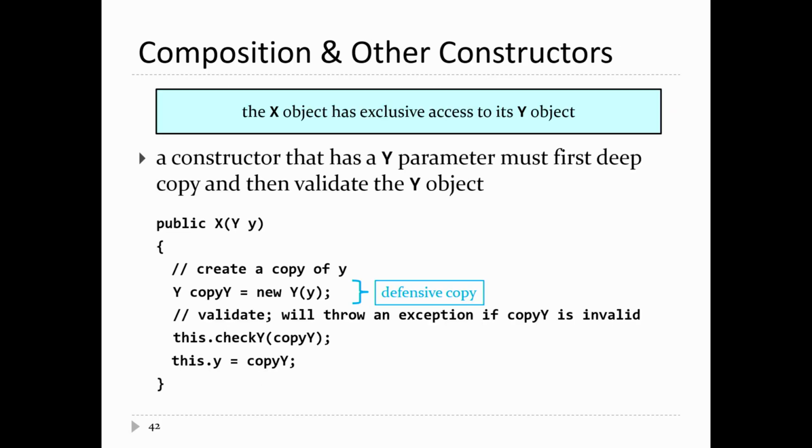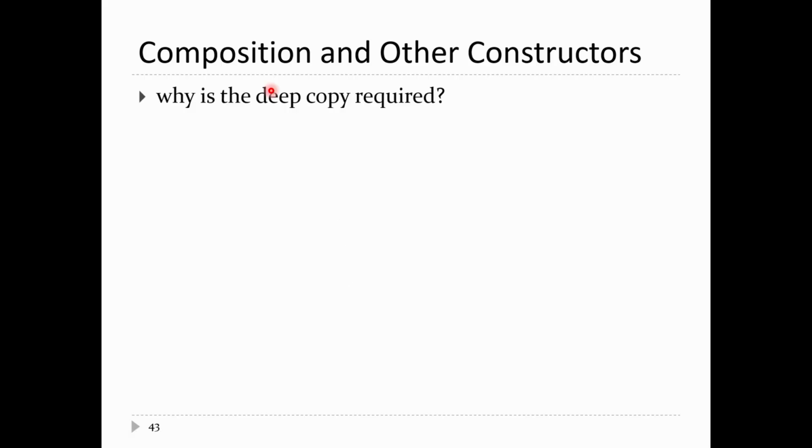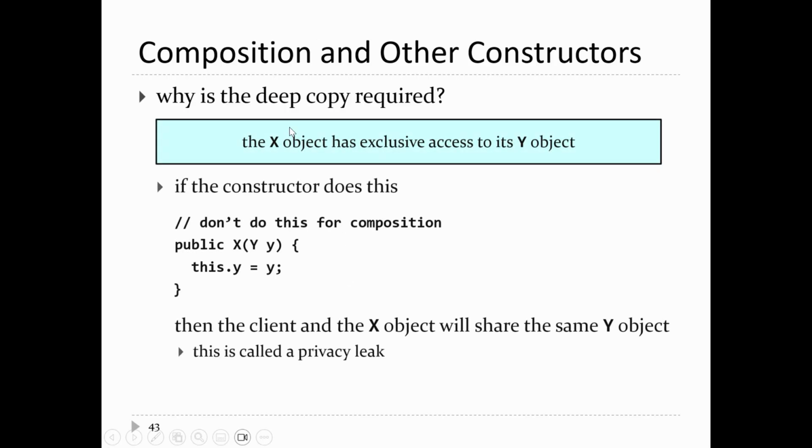Okay, so why do you have to do that? Why is the copy required of the incoming y object? Remember what composition means. Composition means every x object always has exclusive access to its own y object. If you write this.y = y, what are you saying? You're saying the internal y object is the exact same object as the object that was passed into the method.